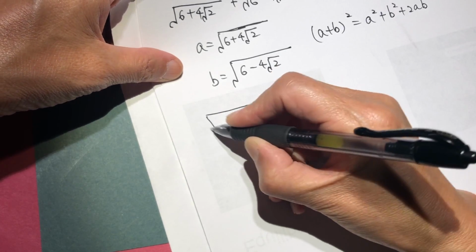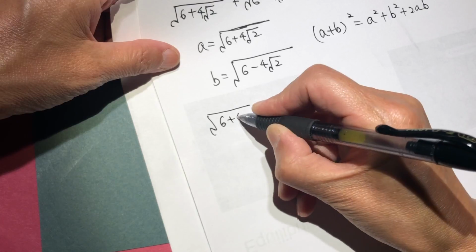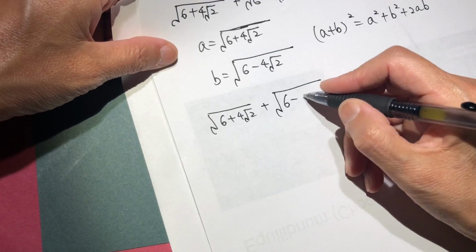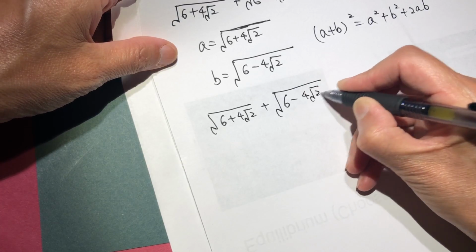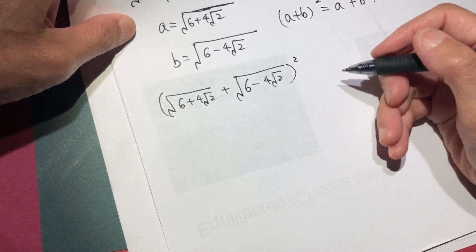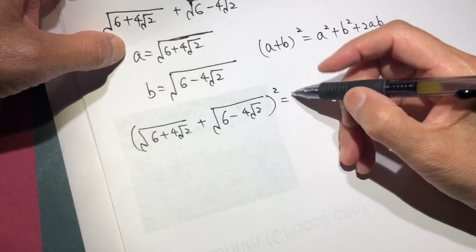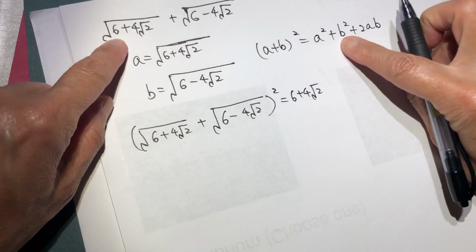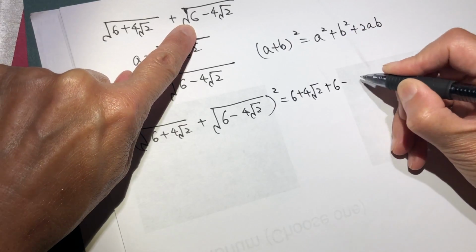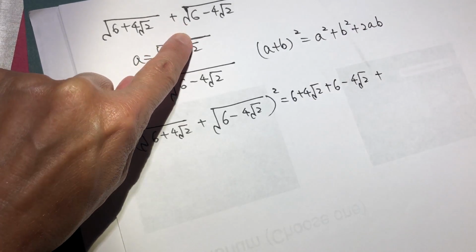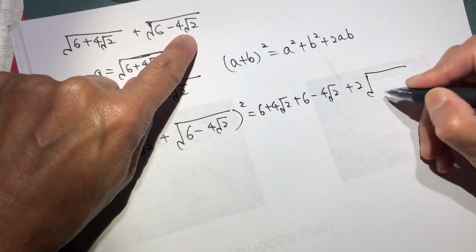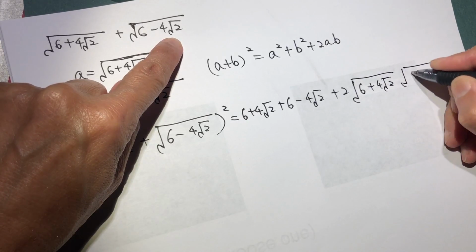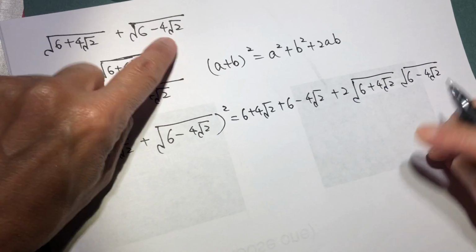So (root of 6 plus 4 root 2 plus root of 6 minus 4 root 2) squared equals A squared, which is 6 plus 4 root 2, plus B squared, which is 6 minus 4 root 2, plus 2 times the square root of (6 plus 4 root 2) times (6 minus 4 root 2).